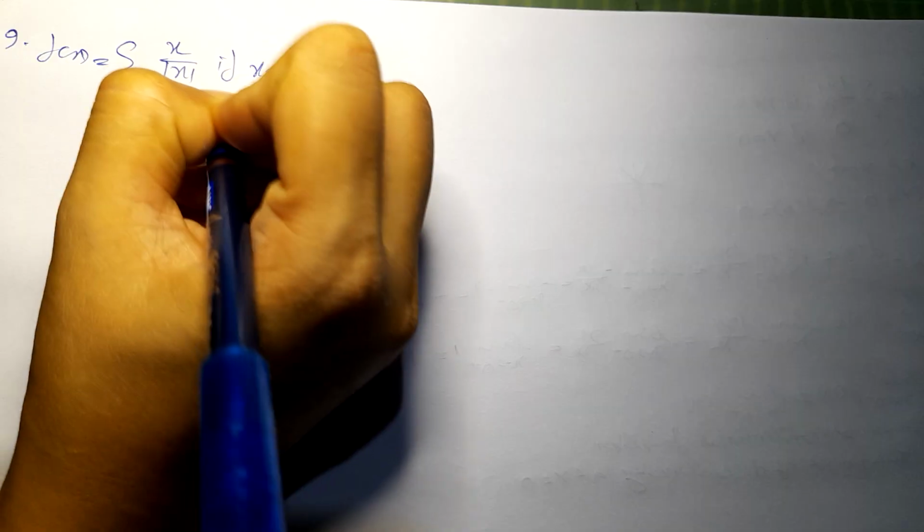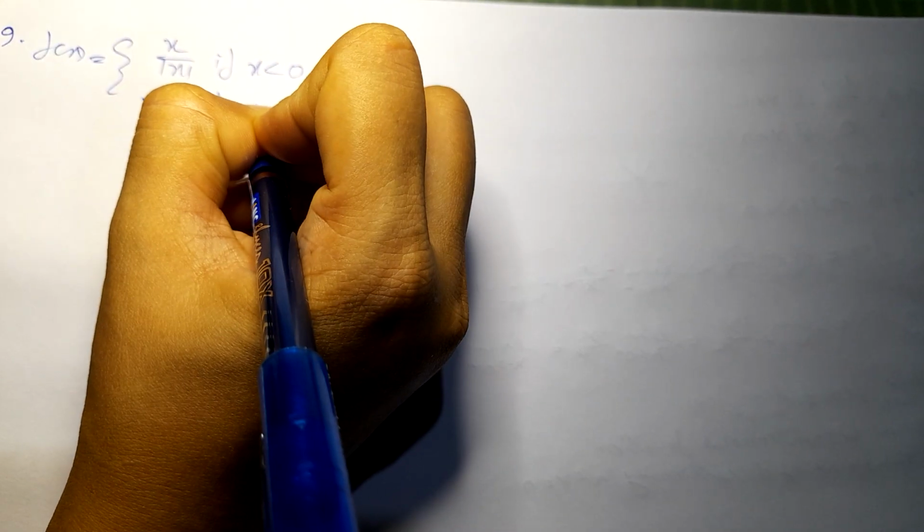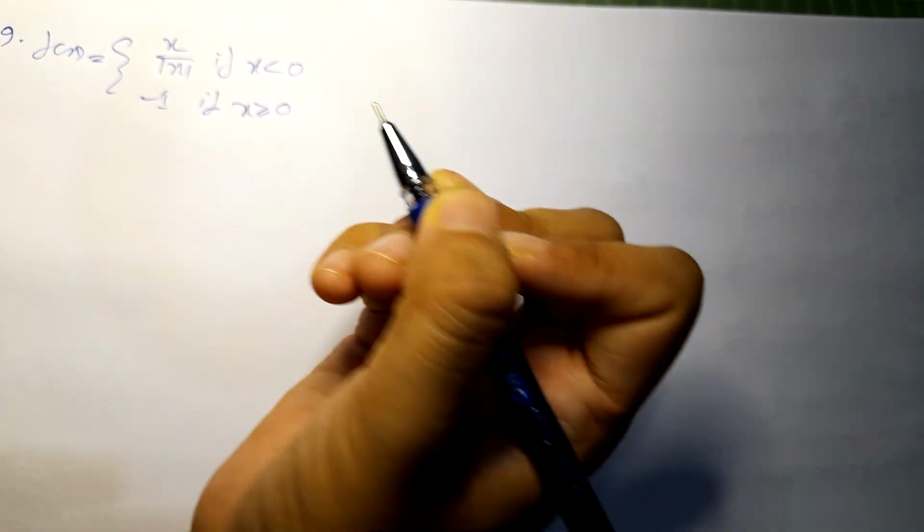Question number 9. f(x) is equal to x divided by modulus of x if x is less than 0, minus 1 if x is greater than 0. When it is less than 0, we have to take this function.